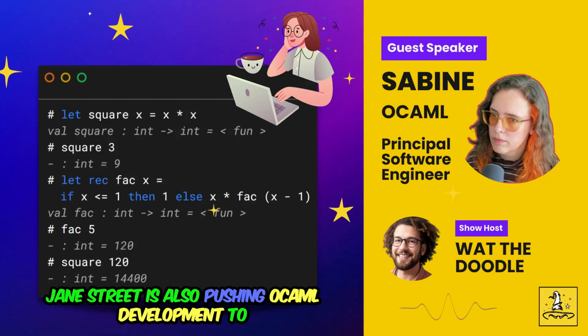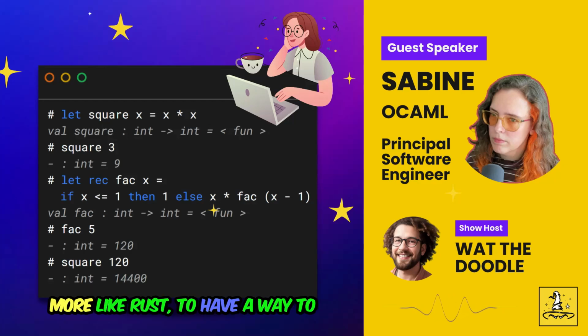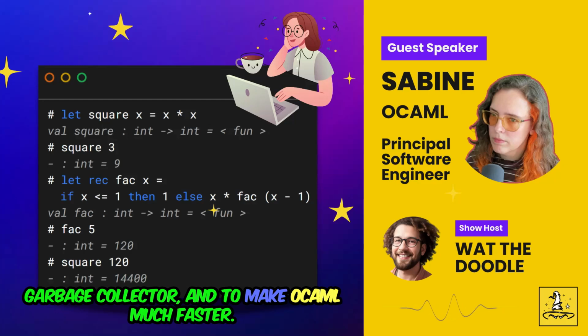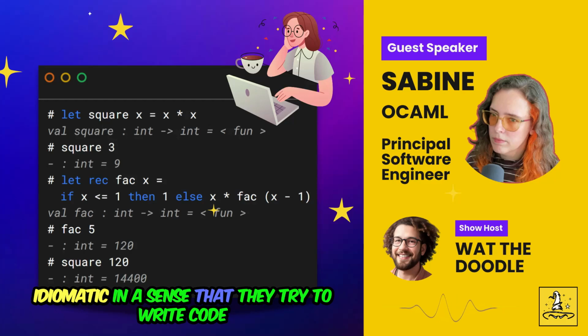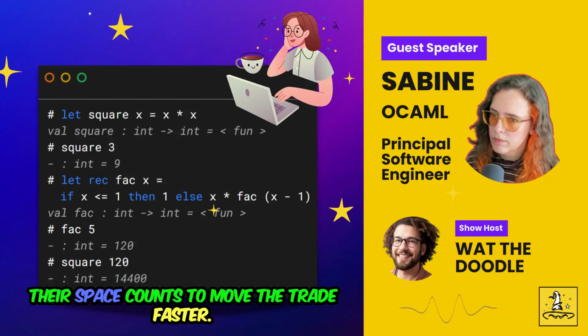Jane Street is also pushing OCaml development to oxidize OCaml, which essentially means to make OCaml more like Rust, to have a way to declare values that will not allocate via the garbage collector and to make OCaml much faster. So Jane Street writes a lot of weird OCaml, non-idiomatic, in the sense that they try to write code that does not allocate, because every millisecond, every nanosecond in their space counts to move the trade faster.